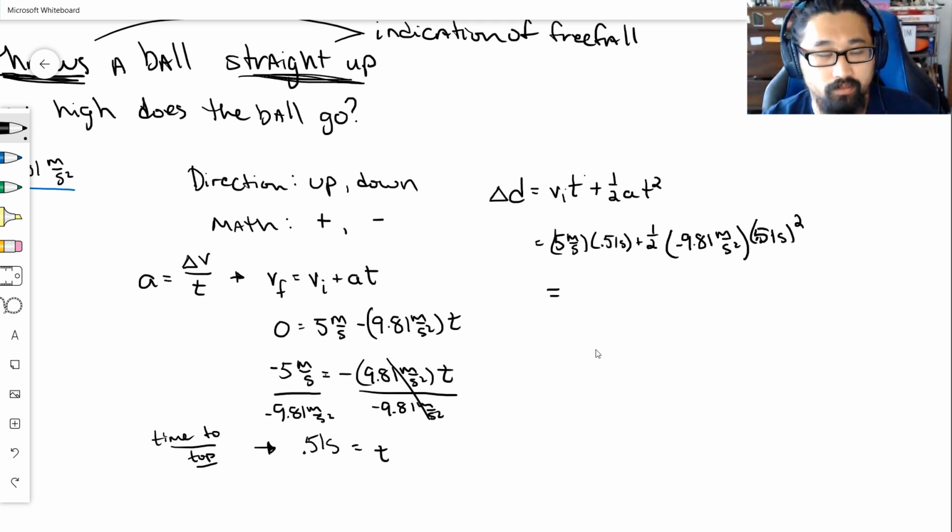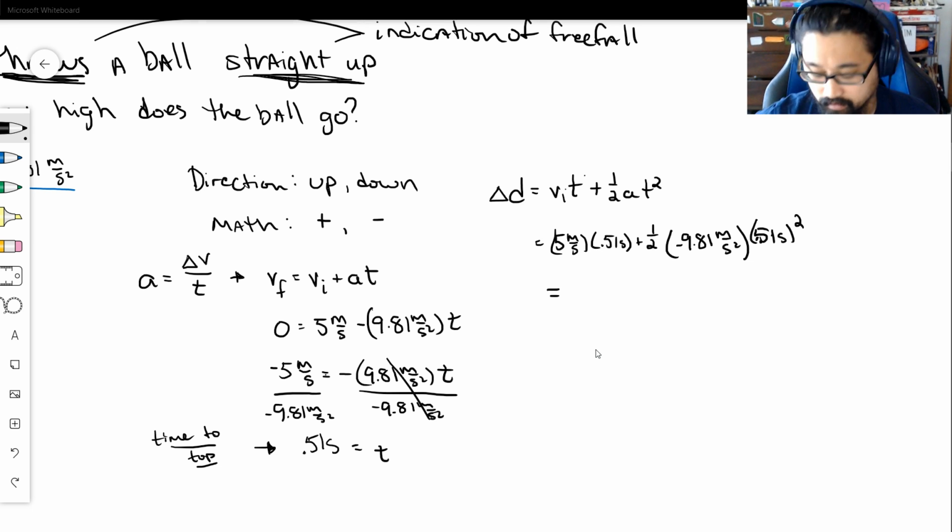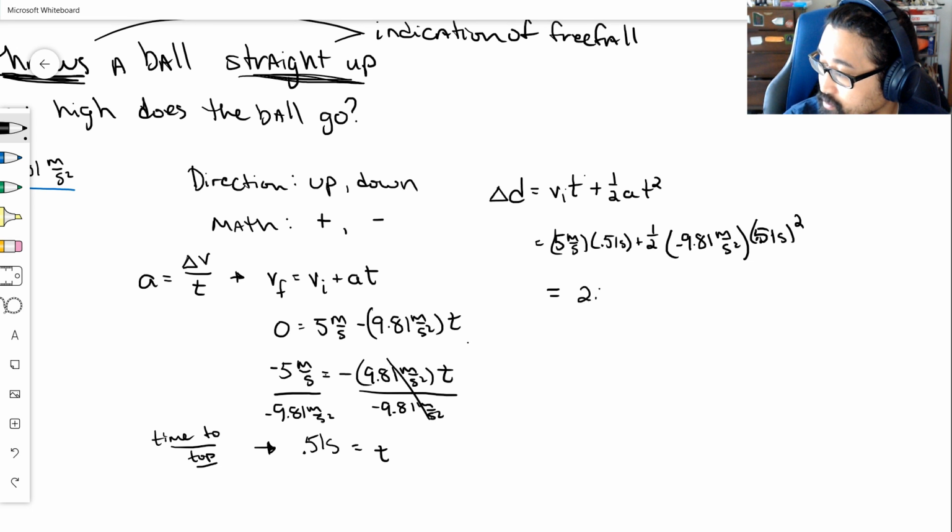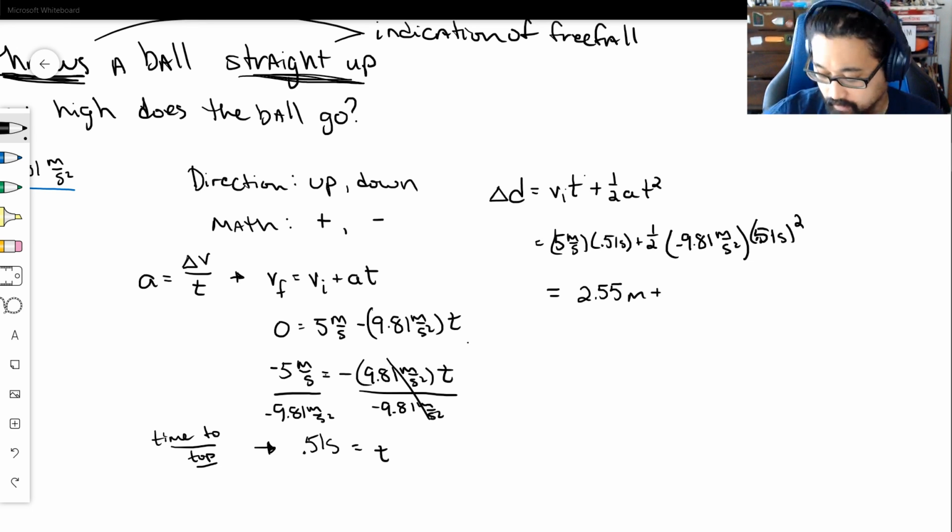So, again, math. 5 times 0.51, the first part here is 2.55 meters plus 0.5 times 9.81 times 0.51 times 0.51.